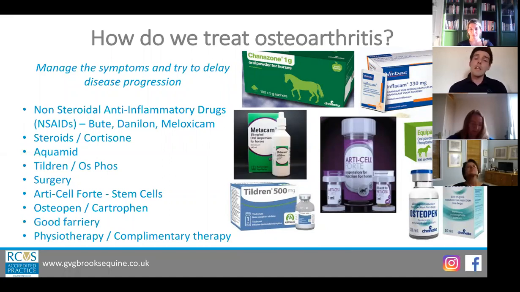And then there's physiotherapy and other complementary therapies. Again, a really beneficial thing to be thinking about in terms of treatment for osteoarthritis.